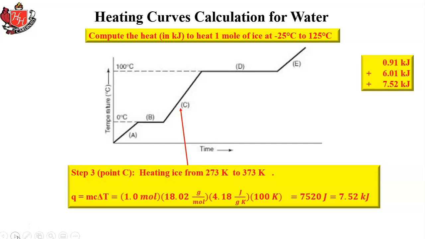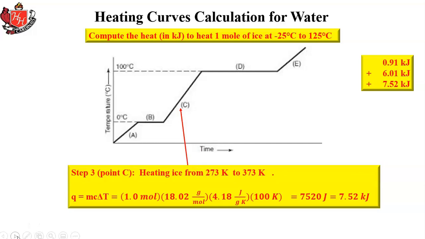In other words, on both scales, it's 100 degrees. So don't let that point confuse you. If it's a temperature change, it doesn't matter which scale you use because 1 degree Kelvin is the same as 1 degree centigrade. So all we're interested in is the temperature change, and it's a temperature change of 100 degrees. From 0 to 100 on the centigrade scale, and from 273 to 373 on the Kelvin scale.